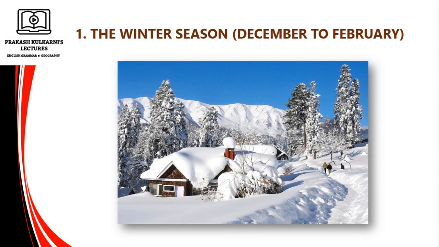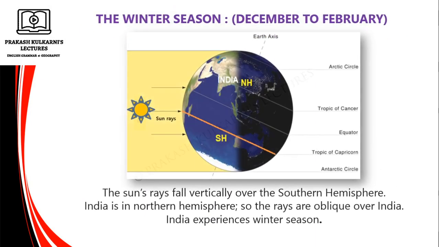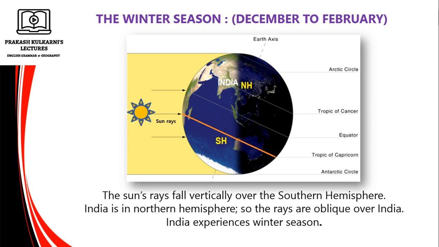The winter season from December to February. Have a very good look at this diagram. It is a picture of a globe. You can see the sun's rays. Now sun's rays are vertically falling over the southern hemisphere.